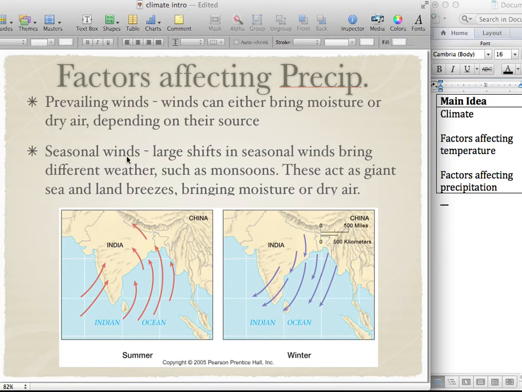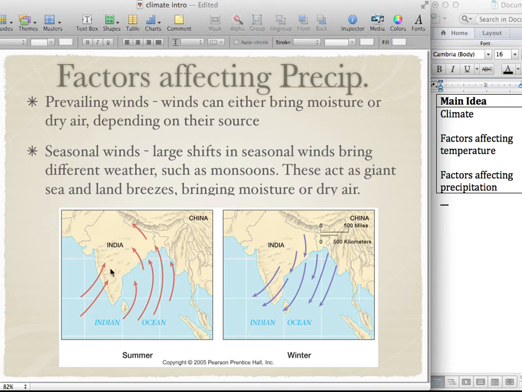Next is seasonal winds, right? These are big shifts in seasonal winds, and you learned about these, especially in geography when you learned about monsoons, or if you haven't done that yet, you definitely will. These are basically giant sea and land breezes. The most famous is in India.